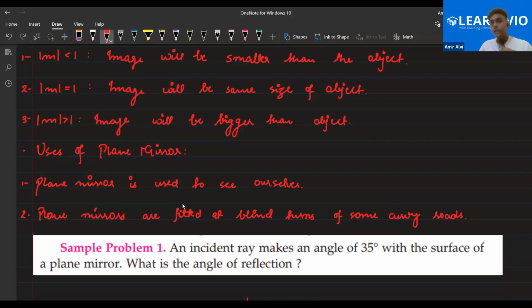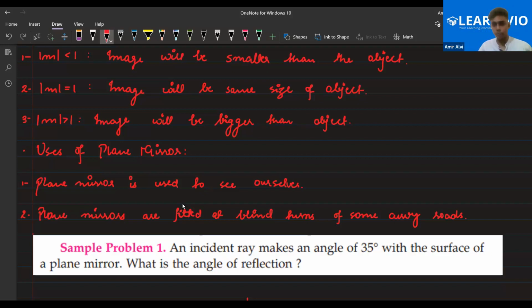So that's why plane mirrors are used on the blind turns on mountain roads, because in the mountainous region there are very blind turns. I have visited the mountain regions in 2016 and 2021 as well, so I've seen this a lot.